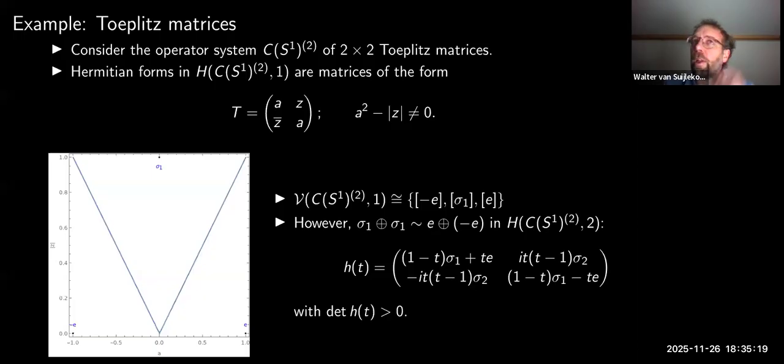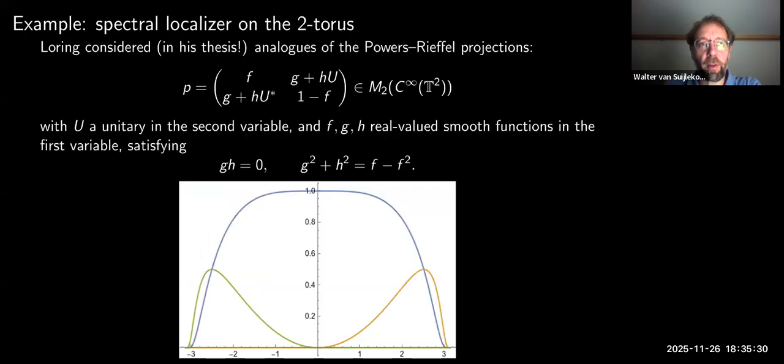But fortunately, there's a device to check the non-triviality of certain elements, and that's the spectral localizer. In the next few slides, I will show you this in action, because that's a very concrete and well-known example. If you take the 2-torus, then you may generate K-theory by looking at projections like this, 2 by 2 matrices, and they're very much like Powers-Rieffel projections in the case of the non-commutative torus.